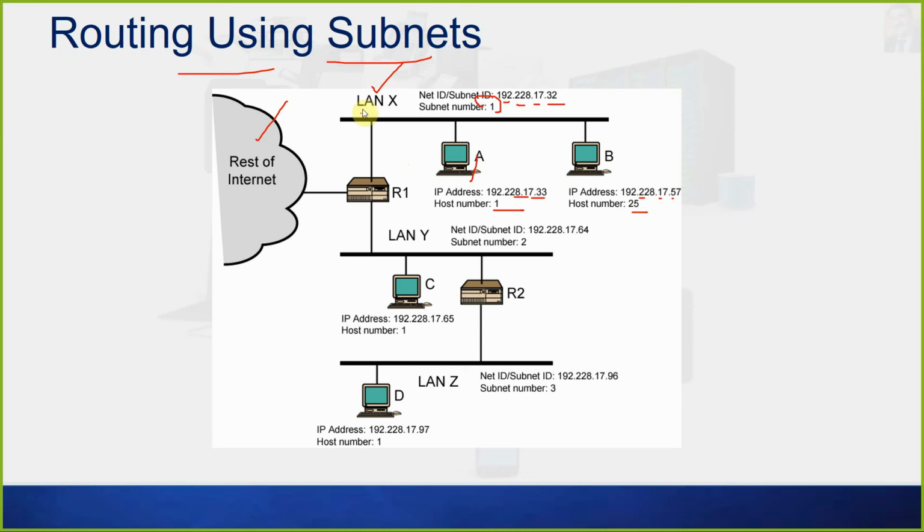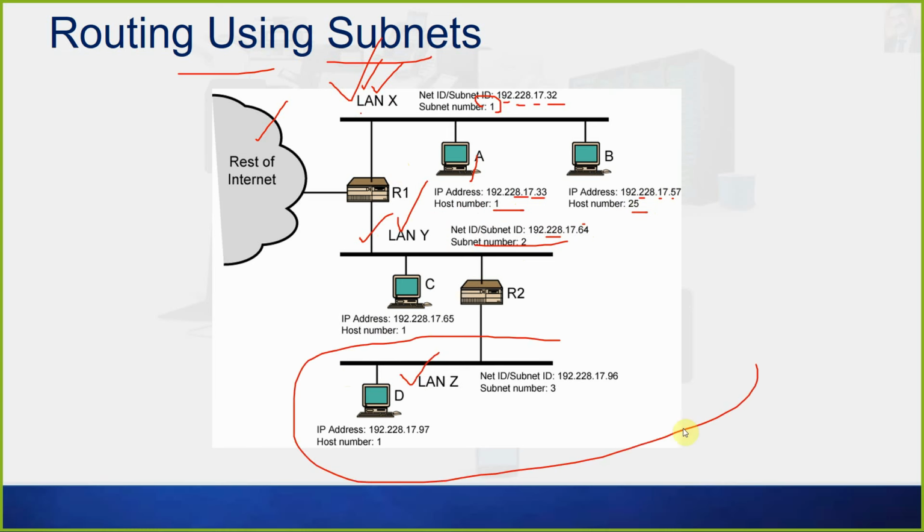This is basically LAN X. This is another LAN with subnet number 2. Similarly we have LAN X, LAN Y, then LAN Z. Different local area networks are connected using routers. This is router 1, this is router 2, and they are connected.